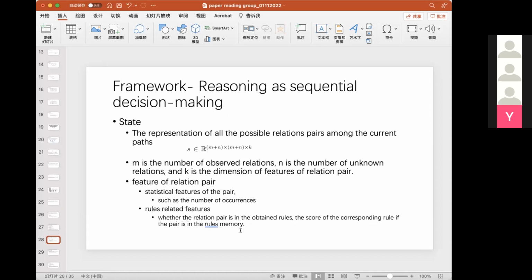It will also use an indicator of whether this relational pair has already been stored in the rule memory. So by doing this, the state aggregates all the information related to the relational pairs of the sample paths.